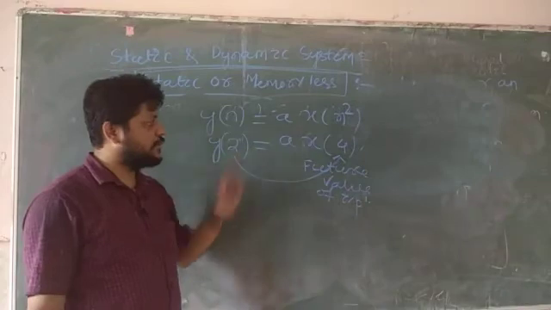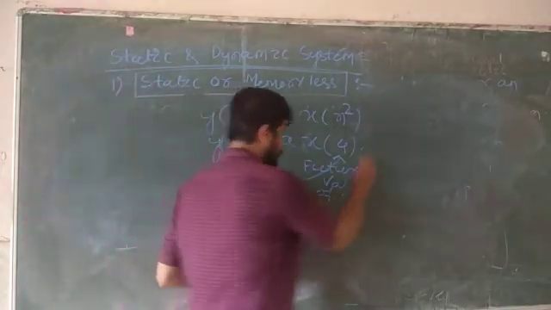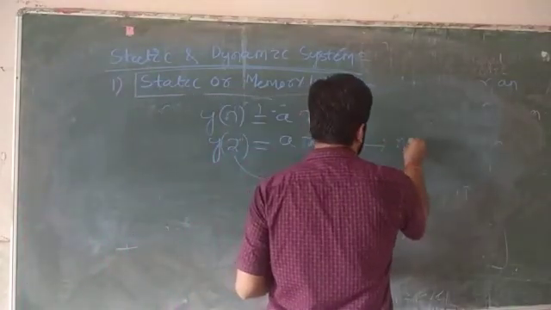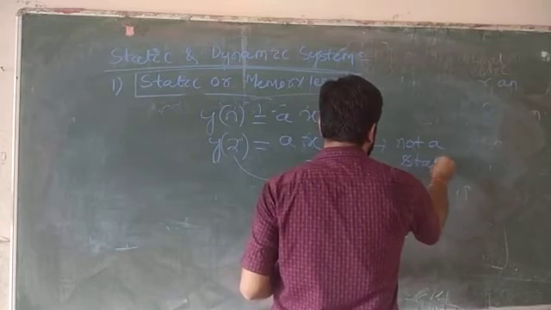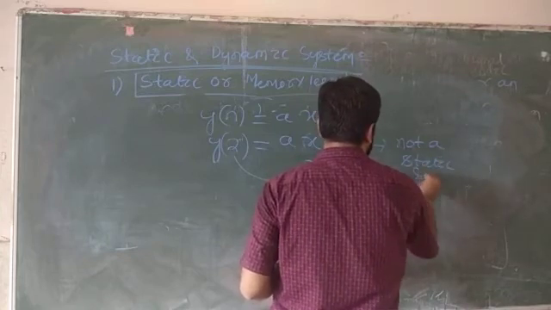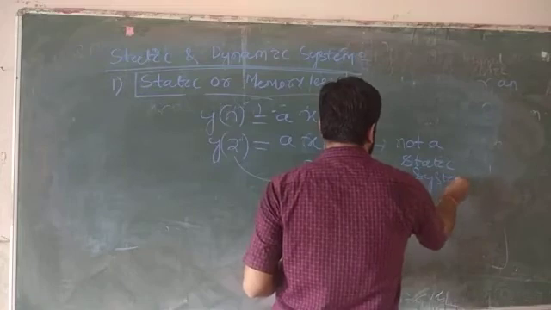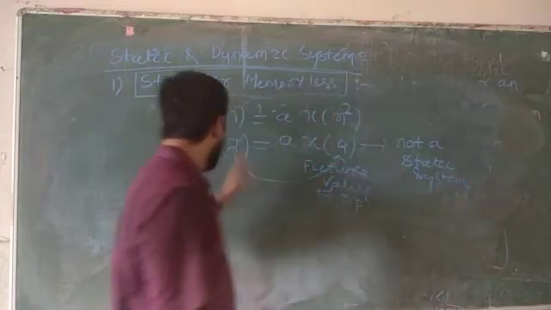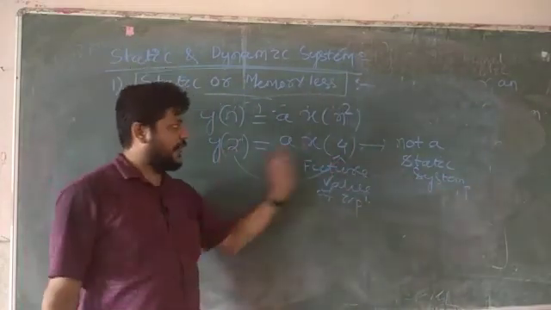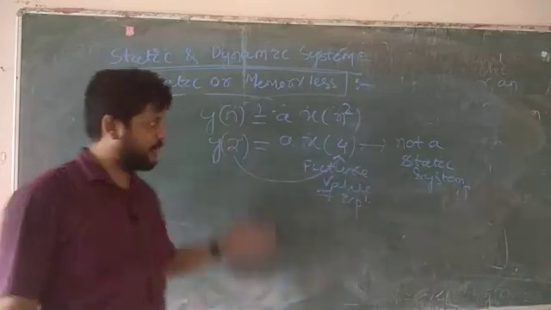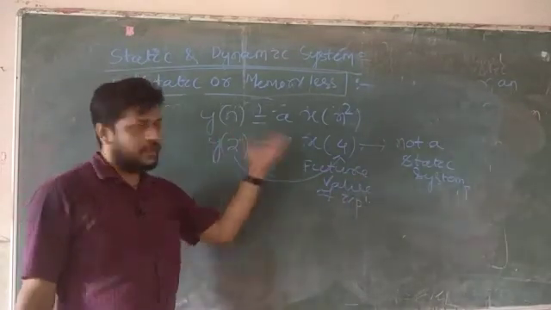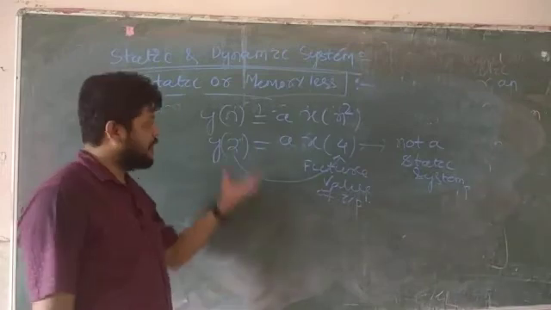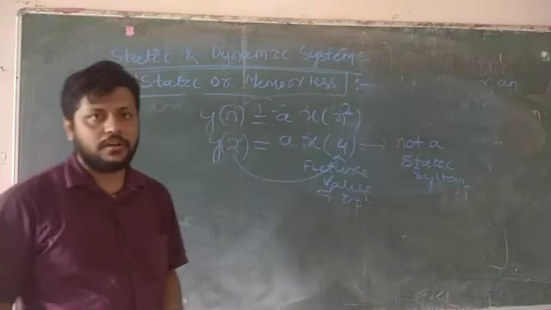So obviously this is not a static system. Why is it not static? Because here the output depends on the future value of the input. So if they give you an equation like this, you can verify whether the system is static or dynamic.